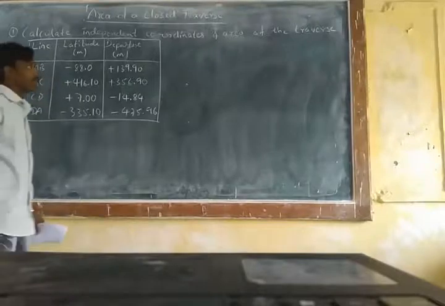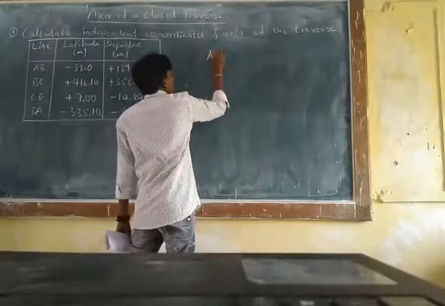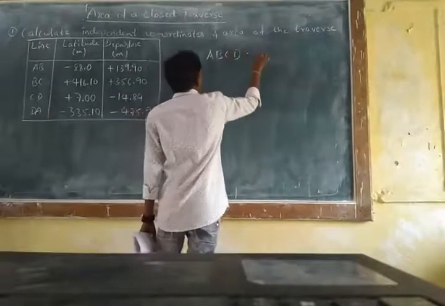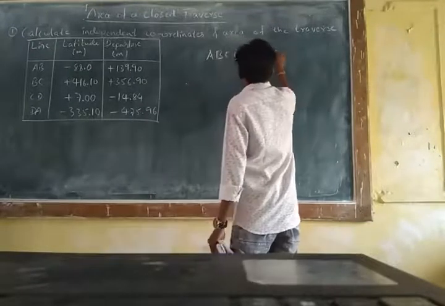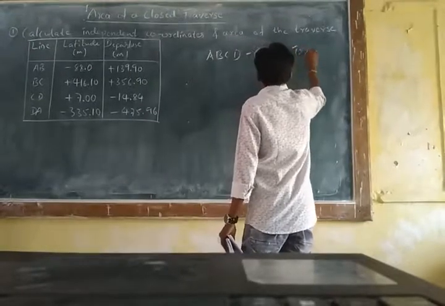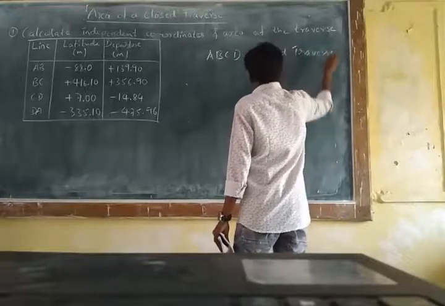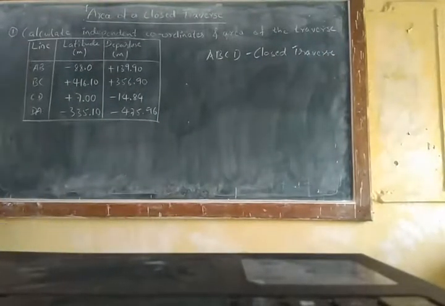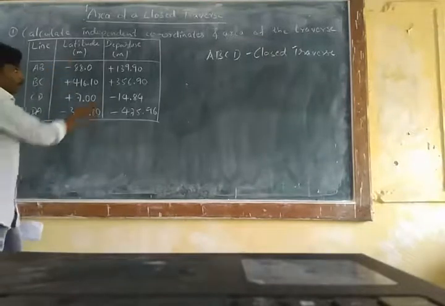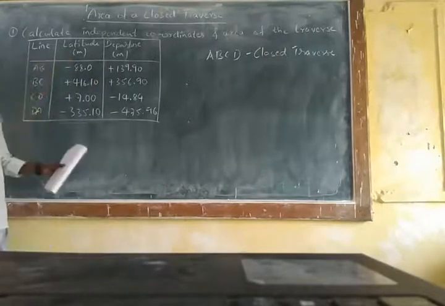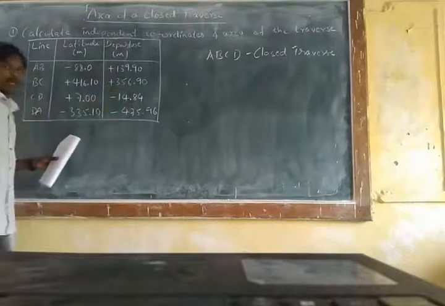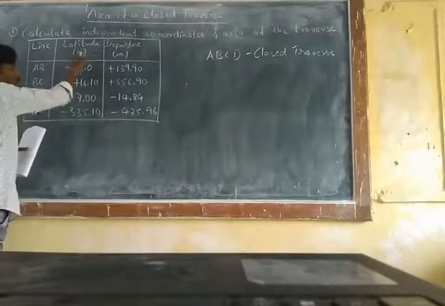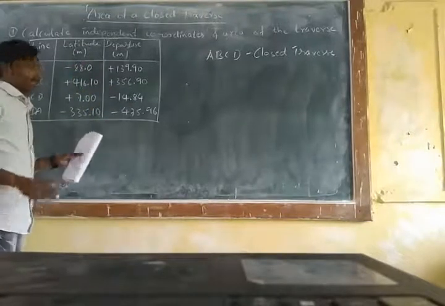So ABCDA, or ABCD, is a closed traverse. Now for this closed traverse, they have given the latitudes and the departures. So there is no need to calculate the latitude and departure here. In this particular problem, they have already provided the latitude and departure.